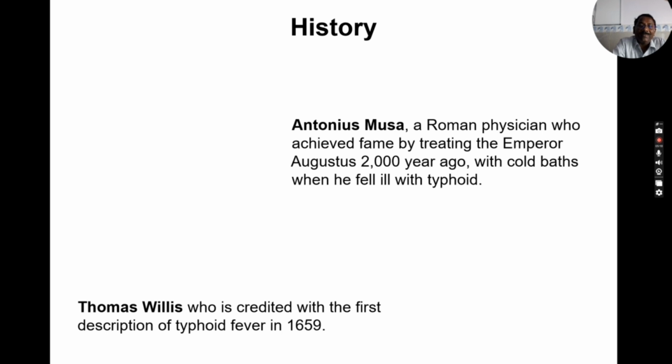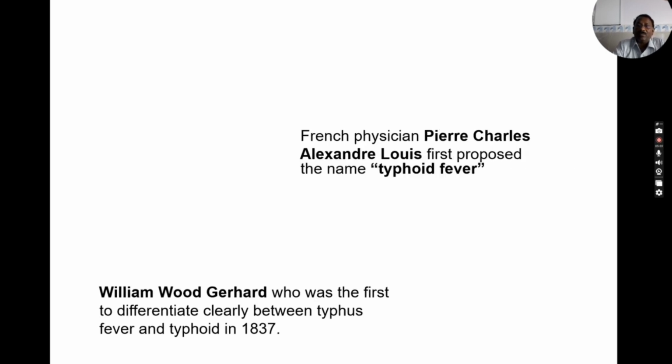Later, Thomas Willis, who is credited with the first description of typhoid fever in 1659, described your stepladder pattern or continuous fever or the fever with gastrointestinal symptoms, etc. And the French physician Pierre Charles Alexandre Louis first proposed the name typhoid fever.